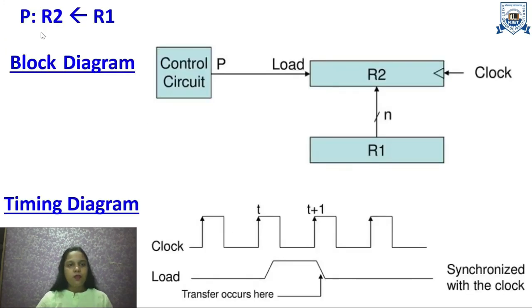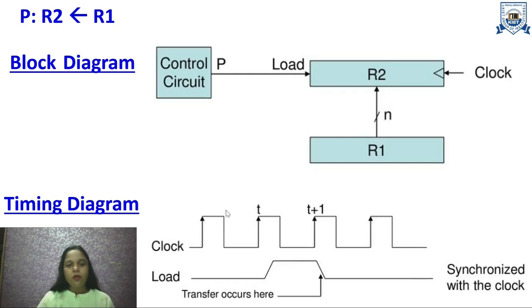Then we saw the block diagram and the timing diagram of this micro operation. The block diagram shows that based on this control circuit, the value of P is decided, and if P is 1, then load is enabled. If load is enabled, it means R1 is allowed to send the n bits to R2, and this is synchronized with this clock.